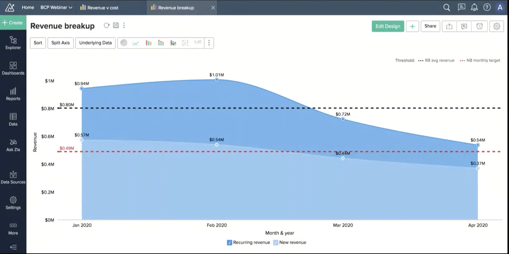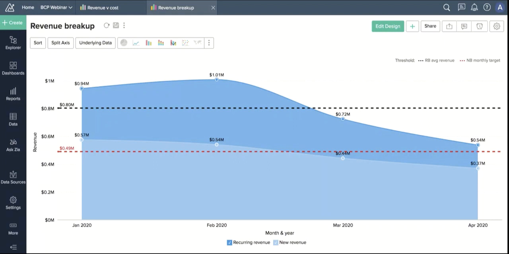So of these two revenue streams, you might want to focus more on the revenues from the recurring business for two reasons. It contributes the highest of the two to your total revenue, and also it has taken a nosedive as compared to your revenue from the new business. So now you've got to optimize the cost in the recurring business.